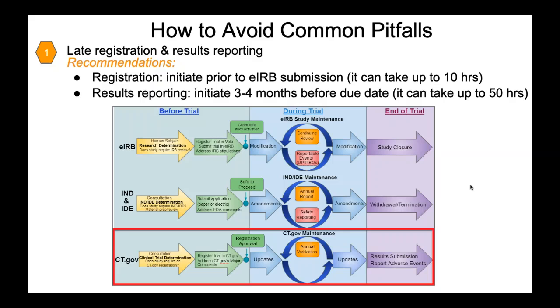I also want to emphasize that the timing of these activities is almost exactly in parallel with IRB activities. Anytime you take actions in eIRB, such as submitting a modification, CR, or reportable event, you should think about ct.gov reporting activities as well as IND and IDE maintenance activities.